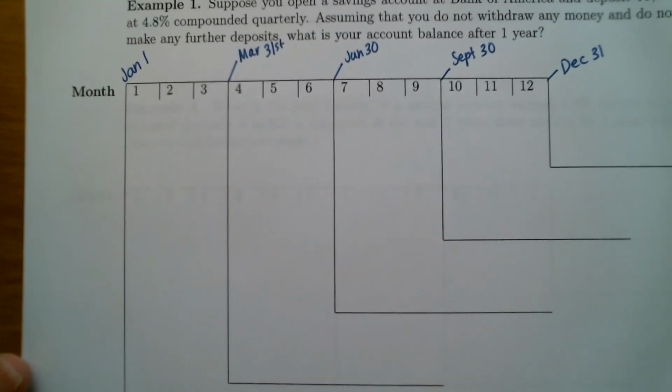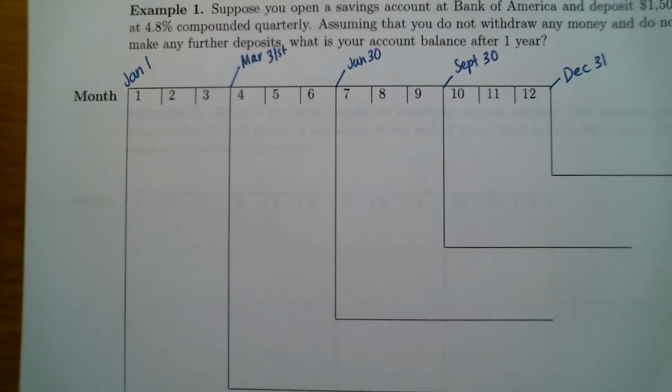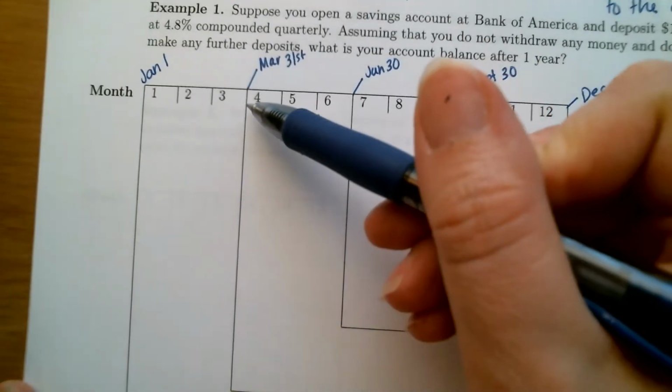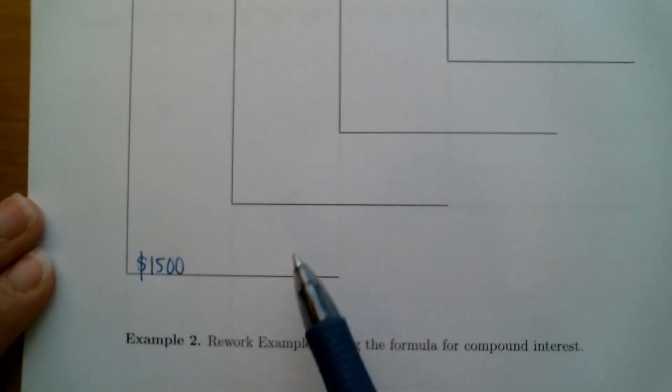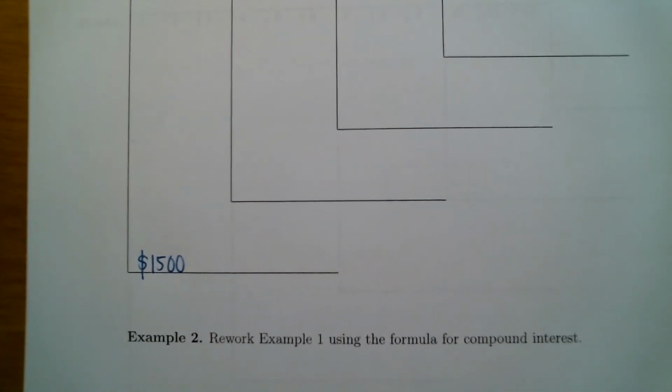So your money sits in there January, February, March. March 31st hits, you're going to get an interest payment. So we're going to calculate how much is in our account at this point. Sometimes your bank will even send you a statement when you get an interest payment, so you can kind of keep track of how they're doing this.